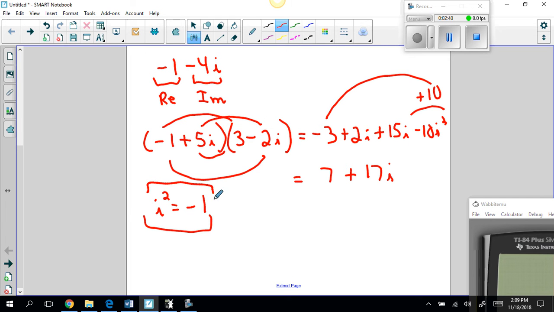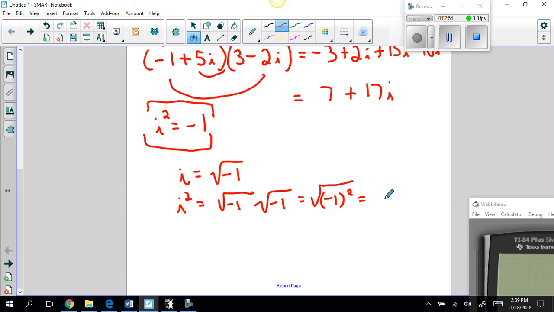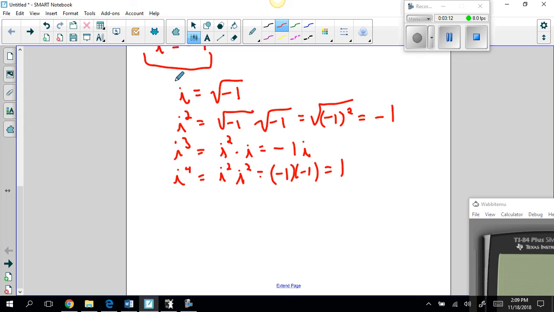So let's derive why i squared is -1. You know i is the square root of -1. i squared is the square root of -1 times the square root of -1, which is -1. i cubed is i squared times i, so it's -i. i to the fourth is i squared times i squared, -1 times -1, therefore 1, and then this pattern keeps going forever. i to the fifth is i, i to the sixth is -1, and so on.